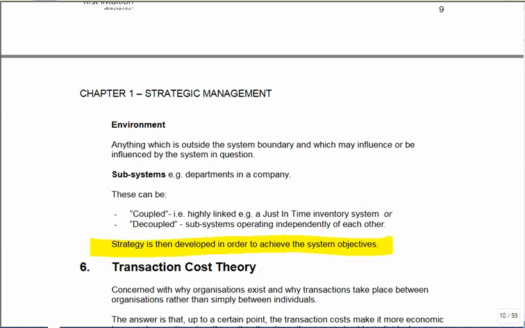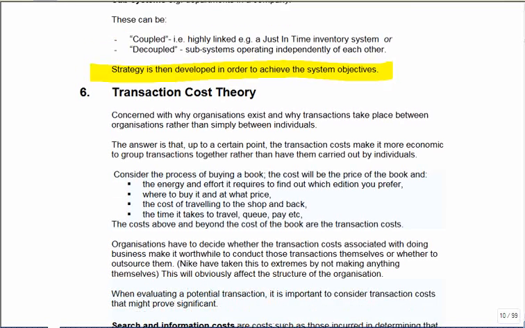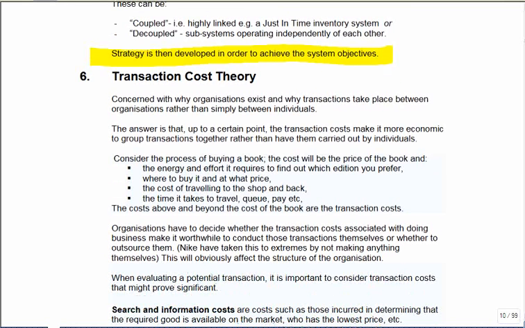Right. The sixth approach is something that's called transaction cost theory. Now, you may never have asked yourself this, but if you think back 200 or 300 years ago, we didn't have large businesses. Most people looked after themselves, and that had been the case for thousands and thousands of years.